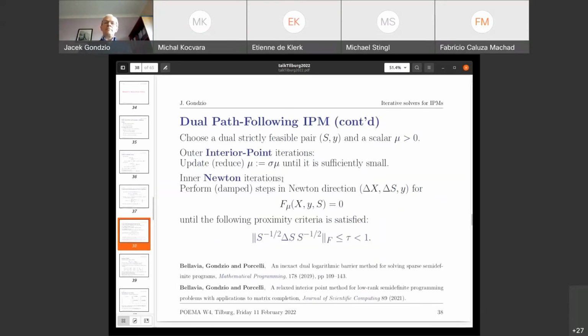We looked at this problem and we decided to use interior point in a very relaxed way. That is, we will update the barrier term very aggressively from mu to maybe 0.1 times mu in the next iteration, but then we will allow more Newton iterations, and to be precise, inexact Newton iterations, trying to get closer to satisfying the new optimality conditions for the updated value of the barrier parameter.